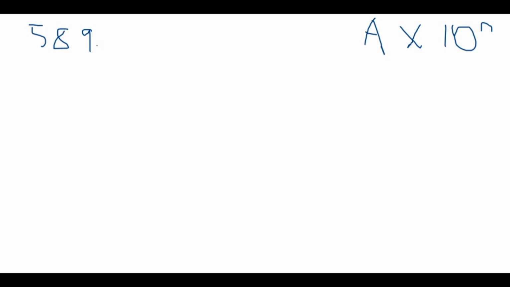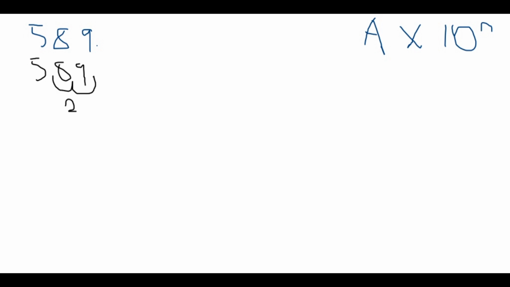So what we are going to do is move this point to behind the first significant number, and by doing so it's going to move a number of steps behind 5. By moving it, we move it by 1, 2, so it moved 2 steps.